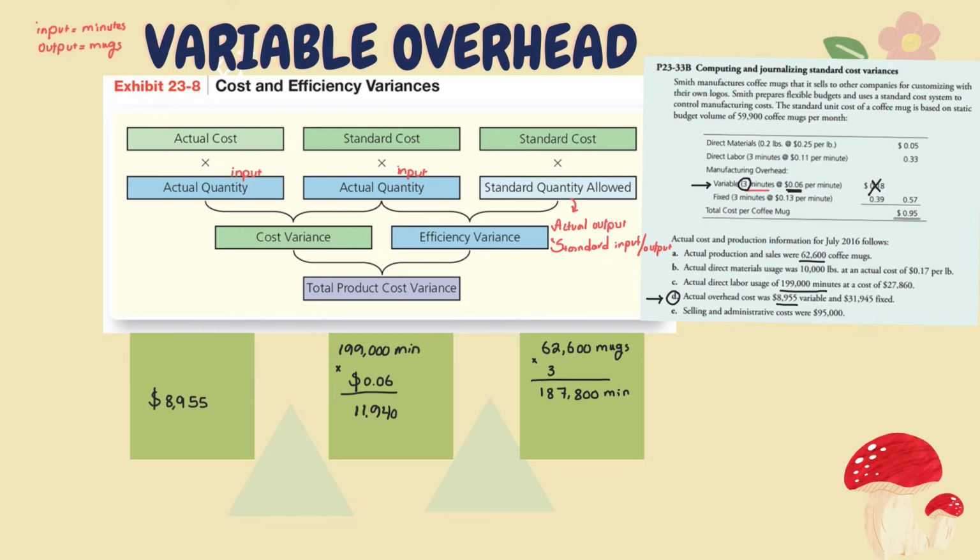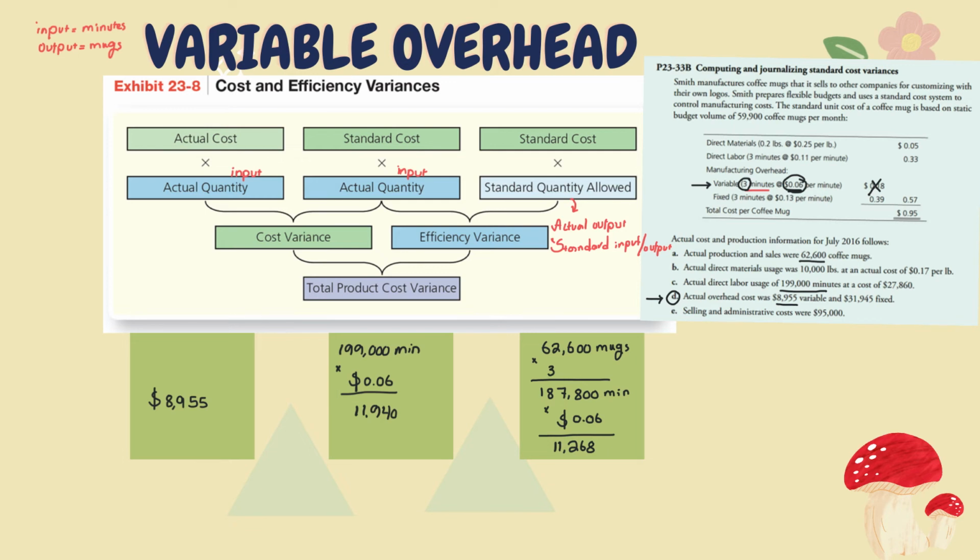Now you need to multiply the standard quantity allowed by standard cost. What's the standard cost per minute? It's gonna be 6 cents. So it's gonna be 11,268.